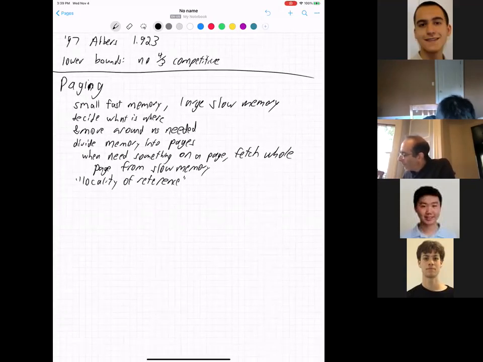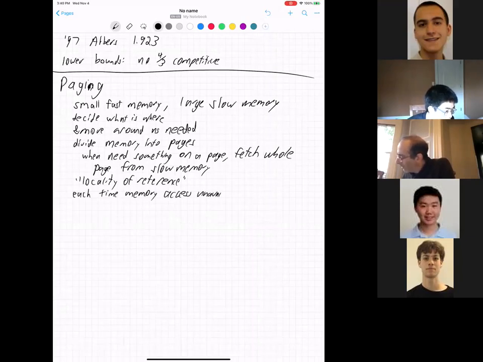So each time a memory access is unavailable in the fast memory, we have what's called a fault, or a page fault, and you need to get it from the slow.